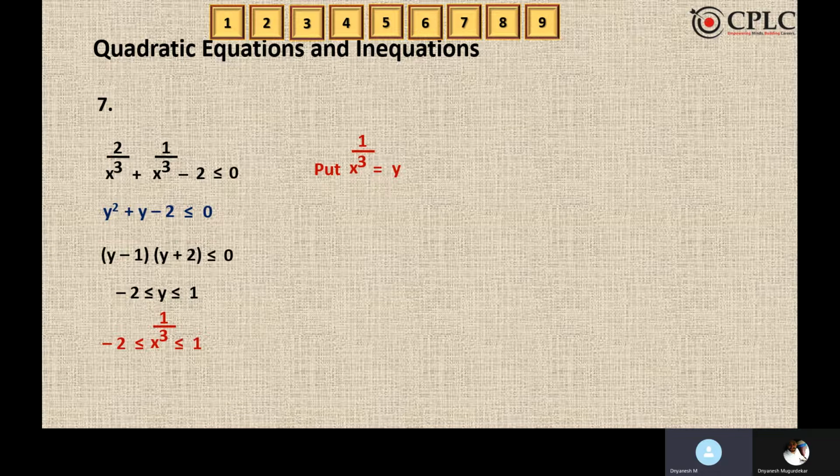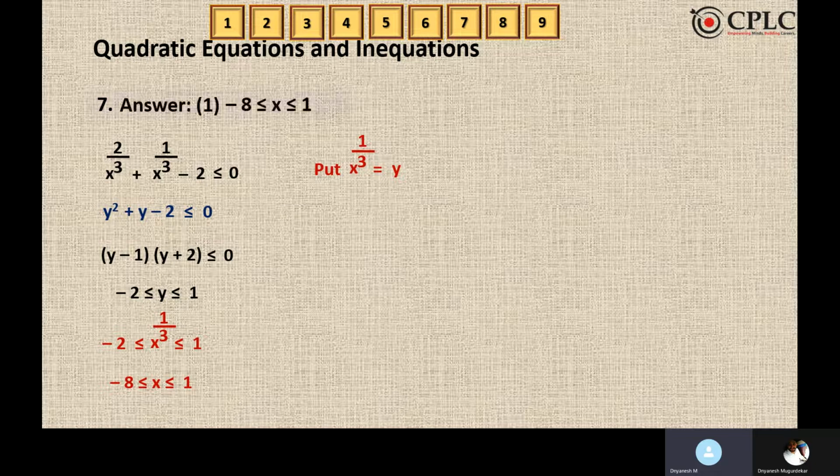equal to as well, the same aspect. Now for finding out the value of x, we need to get rid of the raised to 1 by 3. For that we need to cube on all the sides. When we cube both the sides, minus 2 cubed will be minus 8, plus 1 cubed will be plus 1, and the value of x is between minus 8 and plus 1, including both of them.